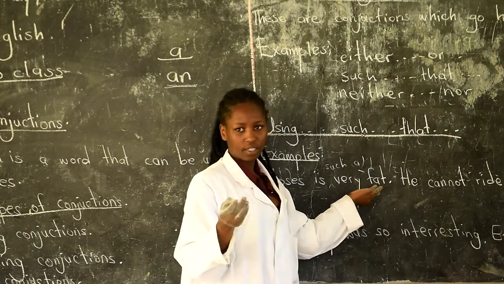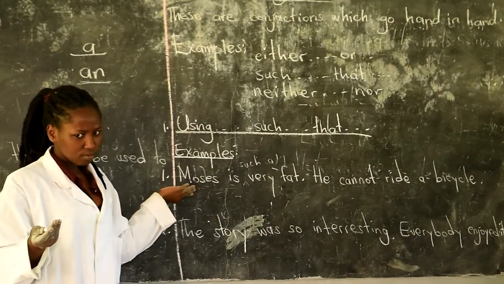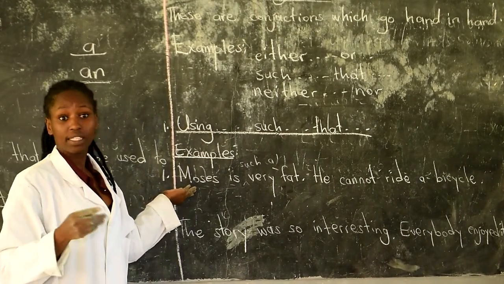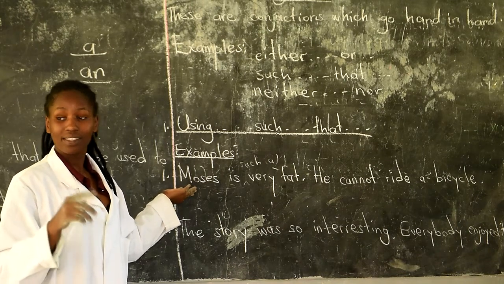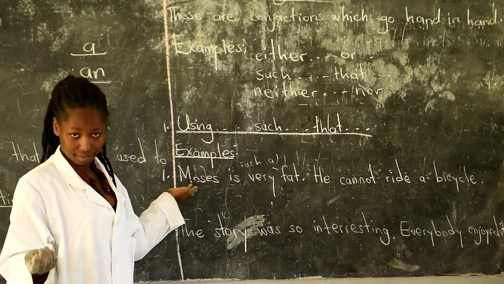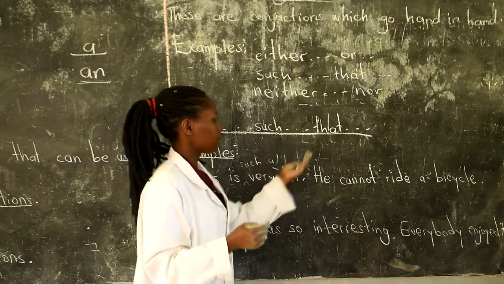But you cannot just stop there. Is Moses a girl? No. Is Moses a bull? No. Moses is a boy. Or Moses is a man. So you can say, Moses is such a fat boy.